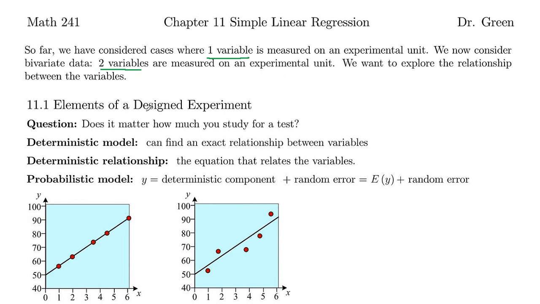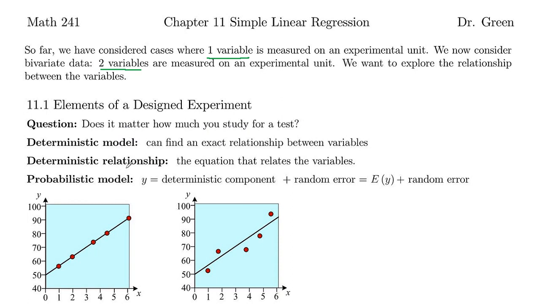So in a designed experiment, we want to ask the question here, does it matter how much you study for a test? Just as an example here. So the deterministic model that would go with this relationship is an exact relationship between the variables.